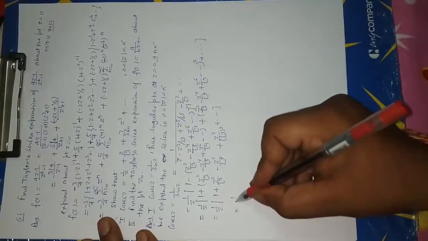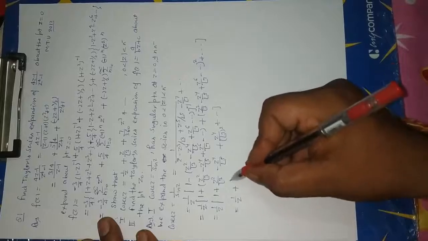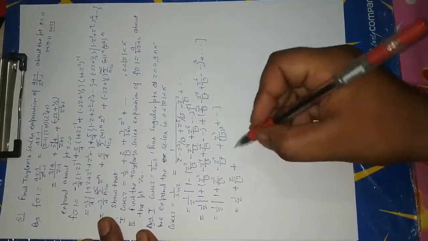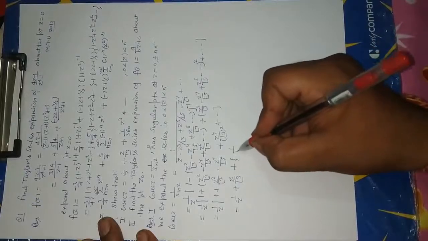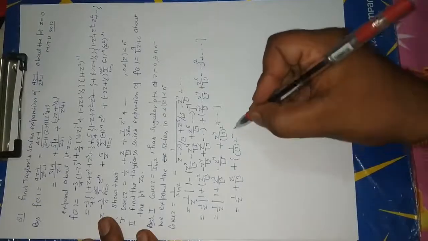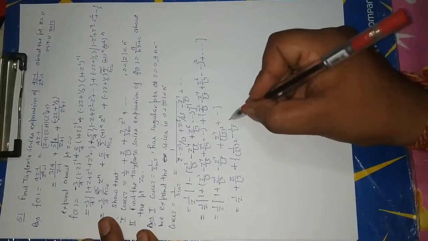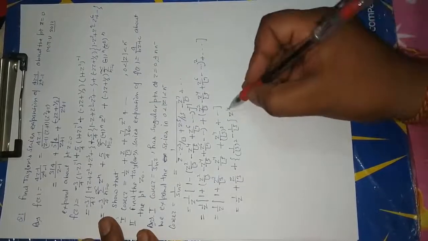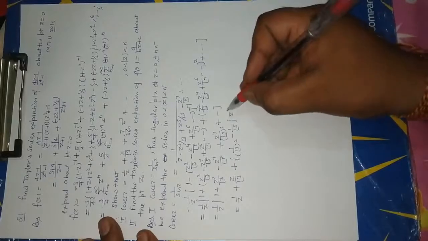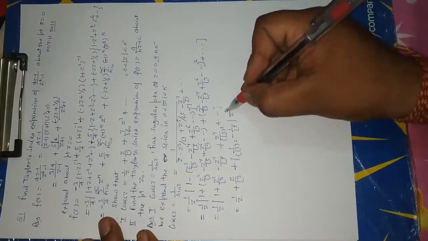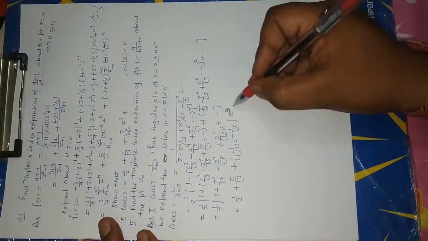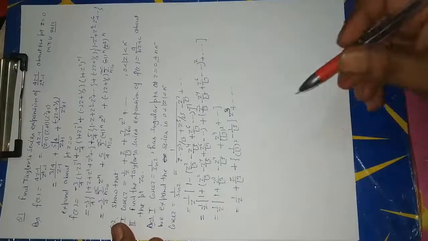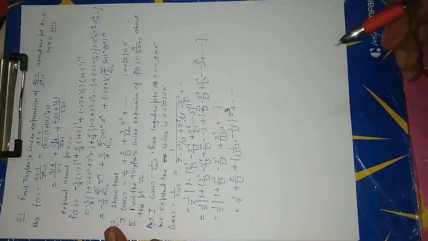This is equal to 1 upon z plus z upon factorial 3 plus (1 upon factorial 3 square minus 1 upon factorial 5) z to the power 3, one power is cancelled by z, plus up to dot. Okay, this is the expansion of the cosec z.